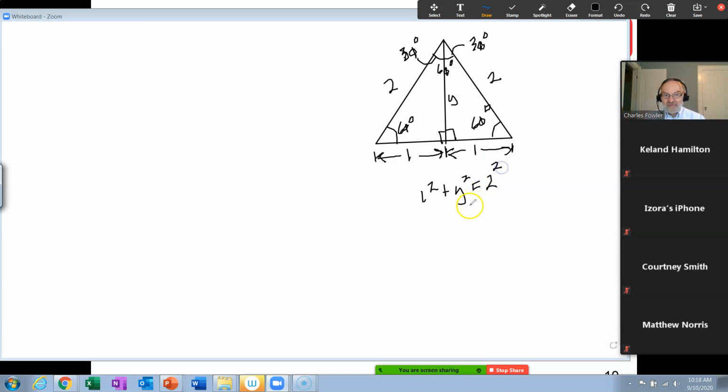Good old Pythagorean theorem, right? Let's solve for y. Well, this is 1 plus y squared is equal to 4. Let's subtract 1 from both sides, and you get y squared is equal to 3.